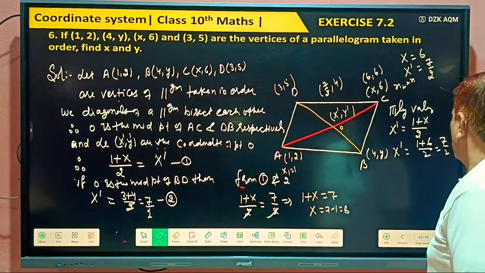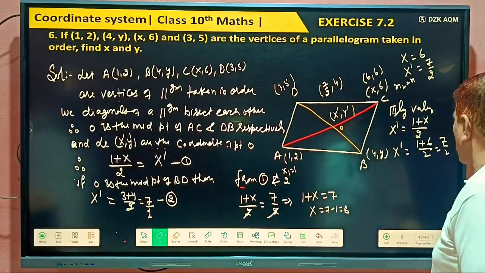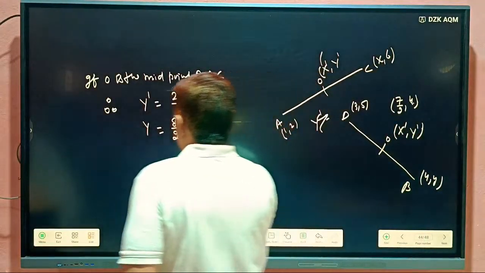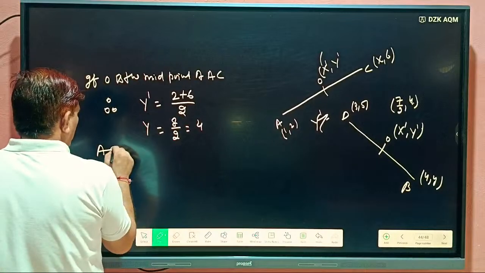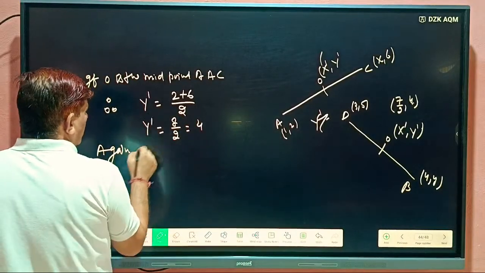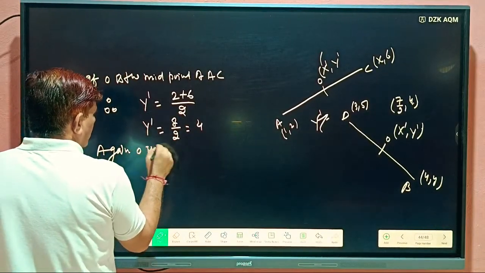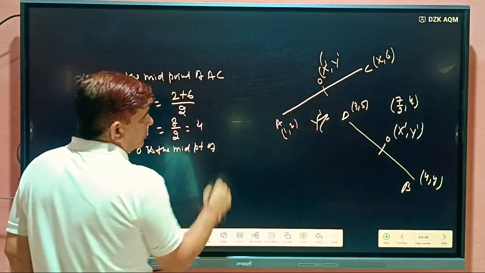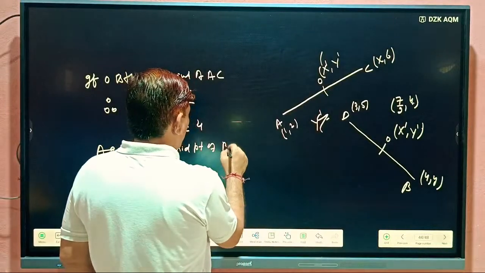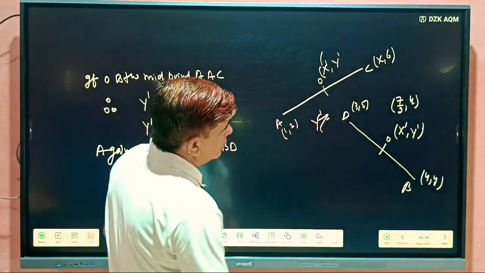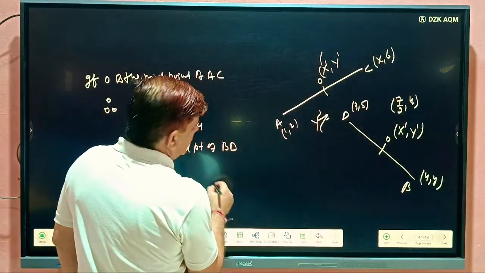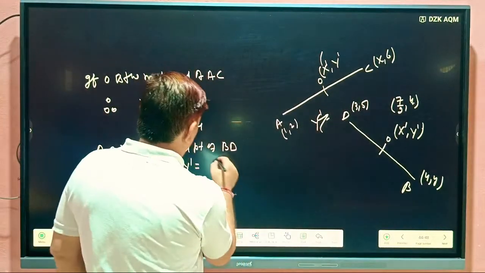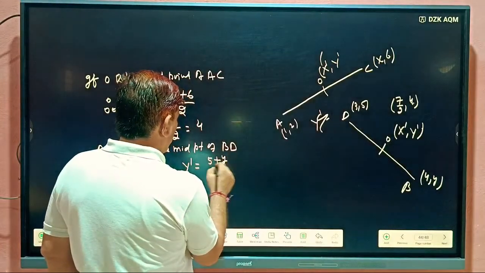Yes. What we have to find out? We have to find out y. Again, O is the midpoint of BD. Therefore, y dash is equal to (5 plus y) by 2.